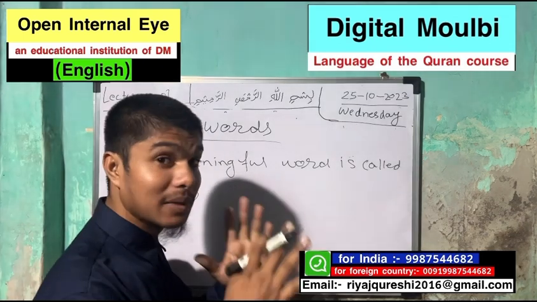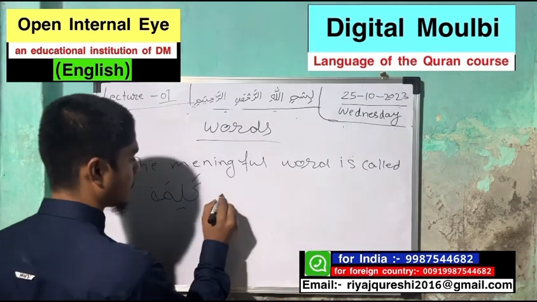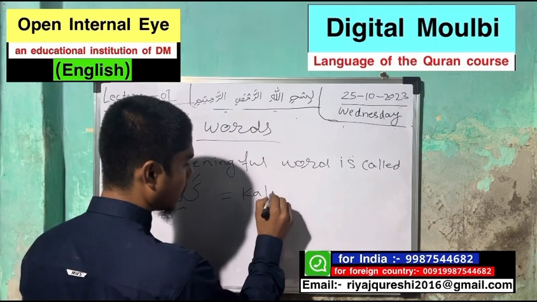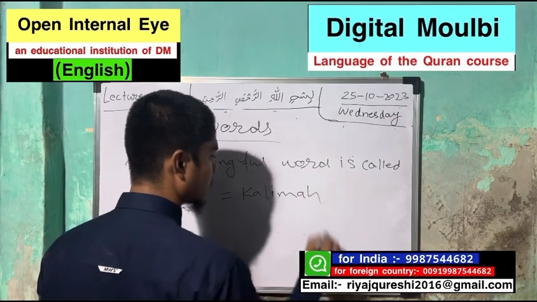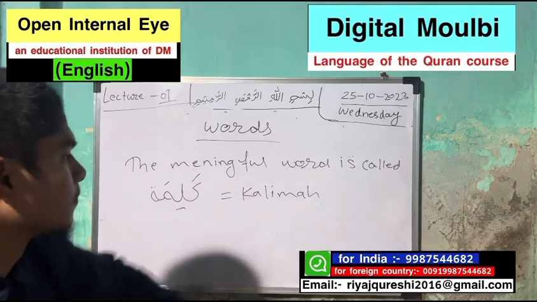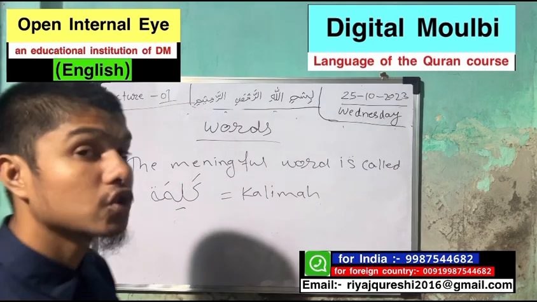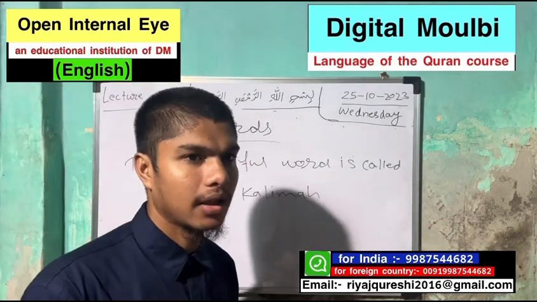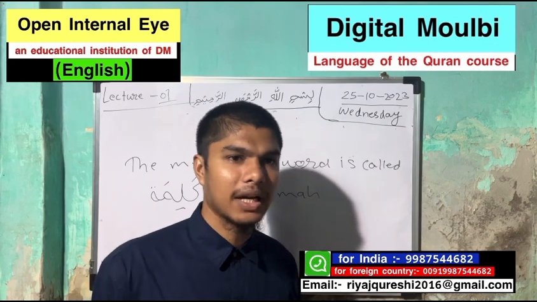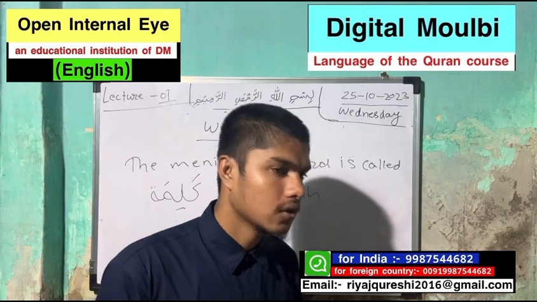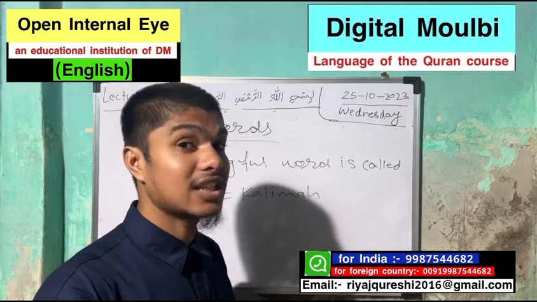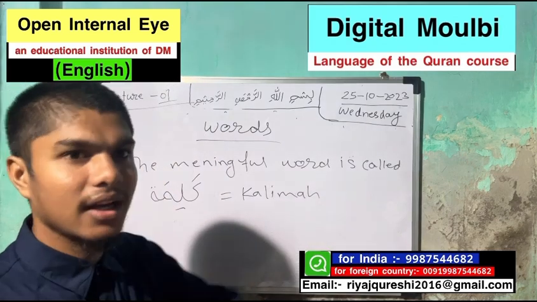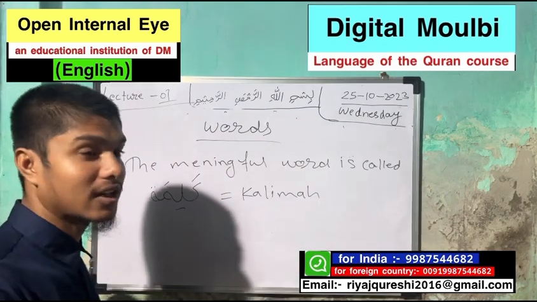In Arabic, the meaningful word is called kalima. So in the next video we are going to learn kalima: what is kalima, the types of kalima, and how many there are. We are going to learn everything about kalima in the next video, the second lecture.